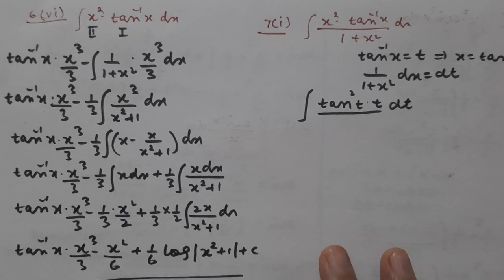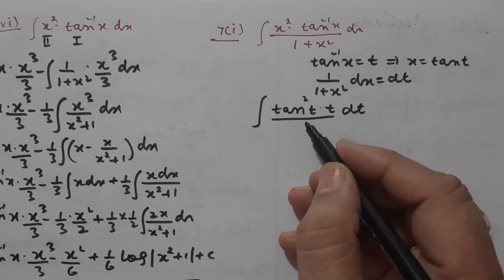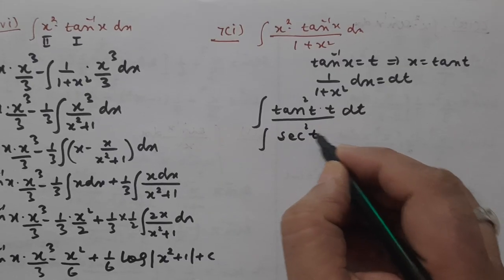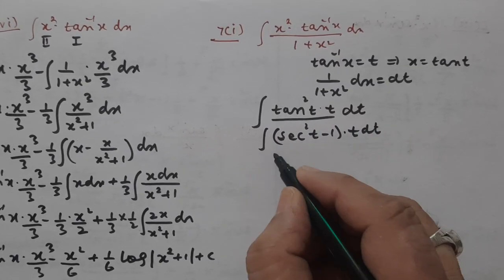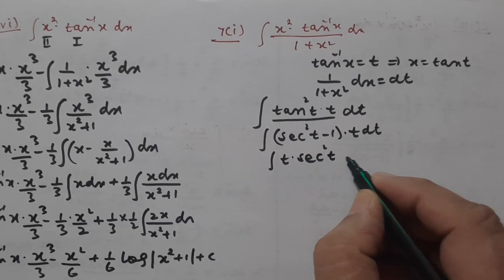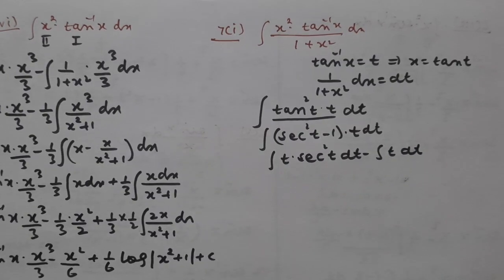Now students, we know there is no direct integral for tangent square t. So what we write? We write tangent square t as secant square t minus 1, into t dt. So on multiplying we get t into secant square t dt minus t dt, like this.